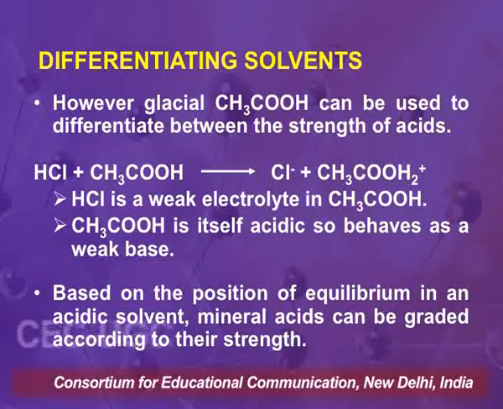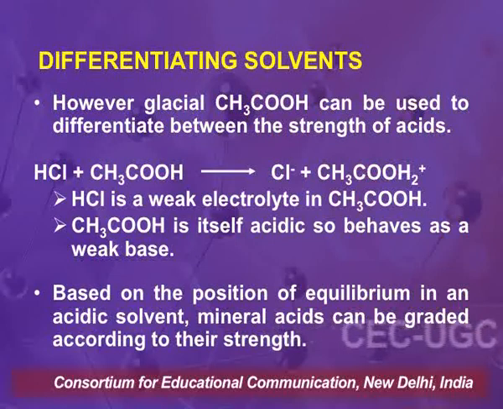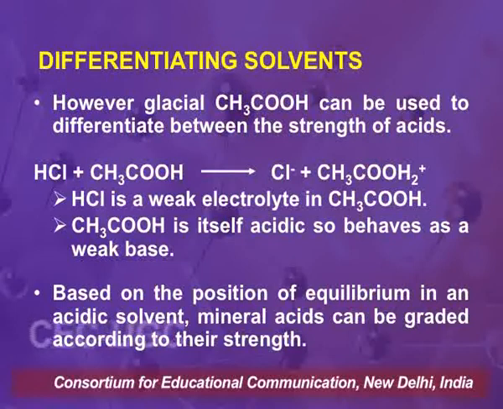So what we understand from this reaction is that since acetic acid is a weak acid, upon reacting with hydrochloric acid, it behaves as a weak base, and it tells us that HCl is a stronger acid than acetic acid. Based on the position of equilibrium in an acidic solvent, mineral acids can be graded according to their strength.